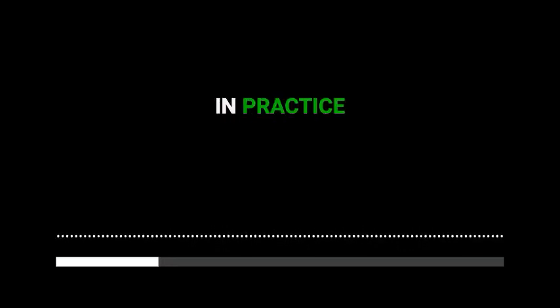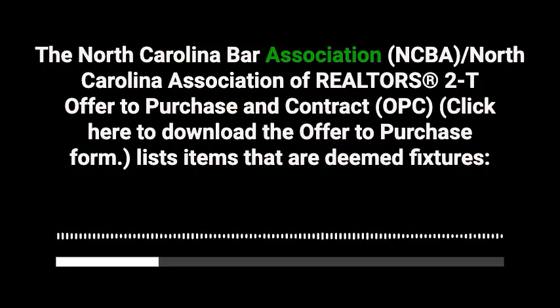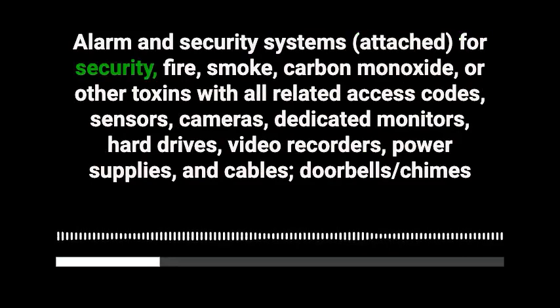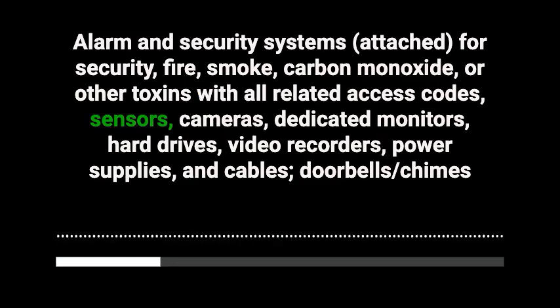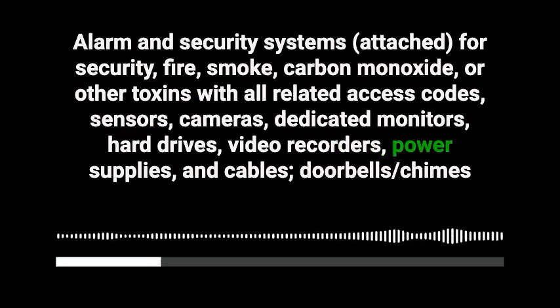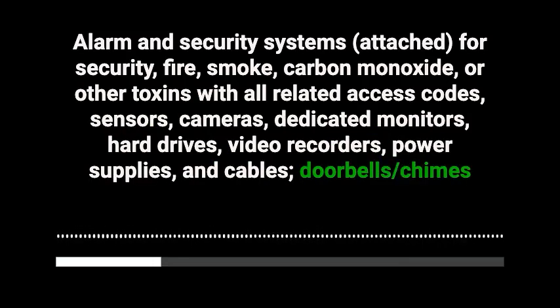In practice, the North Carolina Bar Association, North Carolina Association of Realtors Form 2T Offer to Purchase and Contract lists items that are deemed fixtures: alarm and security systems for security, fire, smoke, carbon monoxide, or other toxins with all related access codes, sensors, cameras, dedicated monitors, hard drives, video recorders, power supplies, and cables, doorbells, chimes.